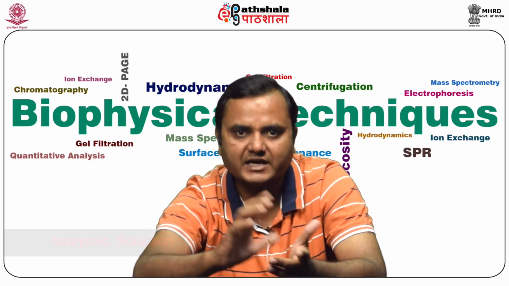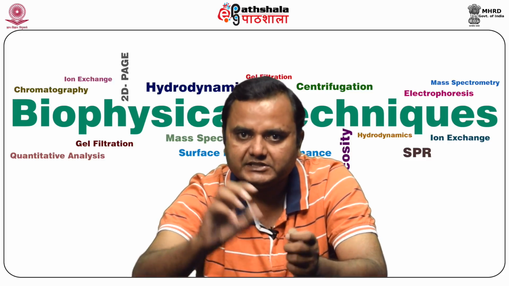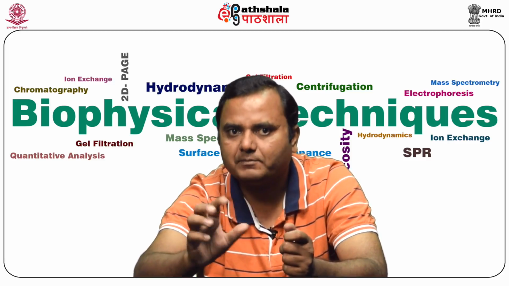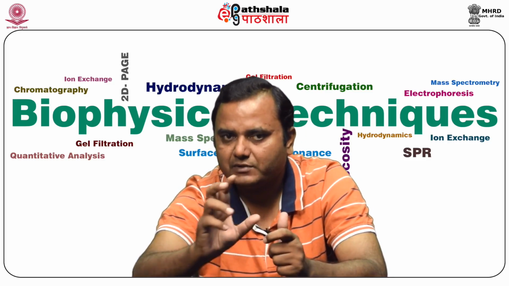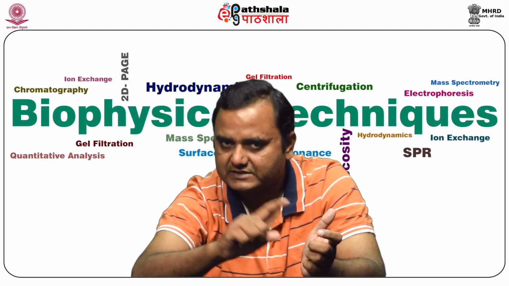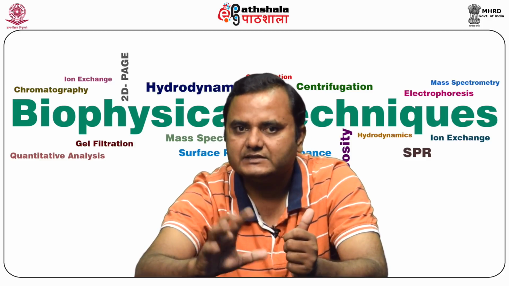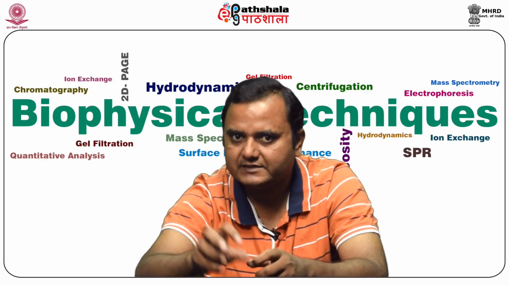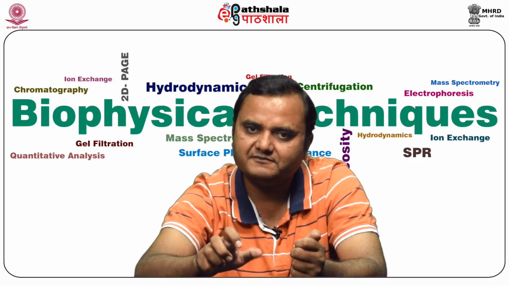But in isopycnic centrifugation, the sample is centrifuged until all components reach their equilibrium buoyant density. In rate zonal centrifugation, samples are kept at the top and start settling towards the bottom. But in the isopycnic method, the samples are mixed throughout the tube and settle as per their density, achieving equilibrium of buoyant density with the medium.